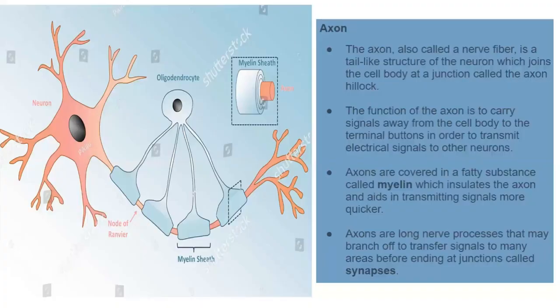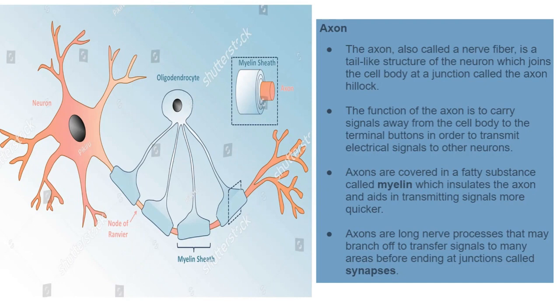So axon is also called nerve fiber. It is a tail-like structure of the neuron which joins the cell body at a junction called the axon hillock. The function of axon is to carry signals away from the cell body to the terminal buttons in order to transmit electrical signals to other neurons.